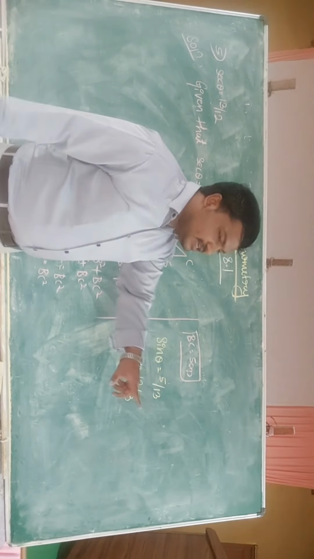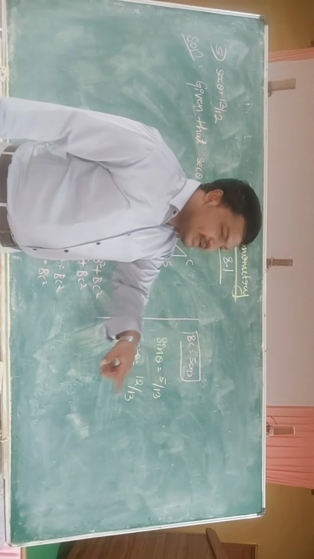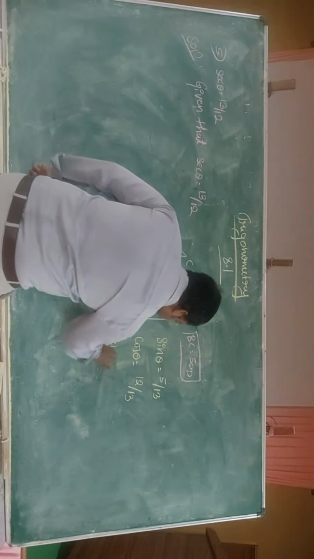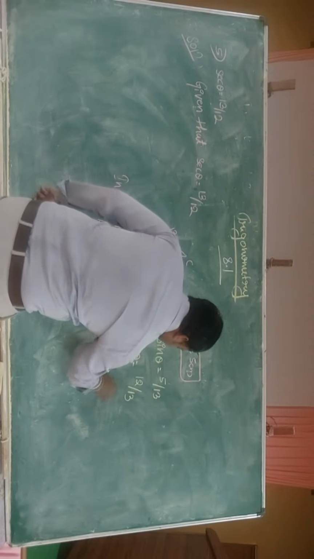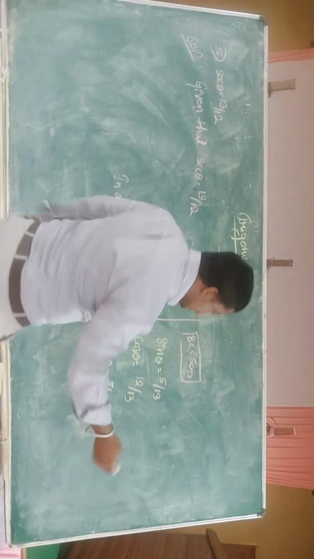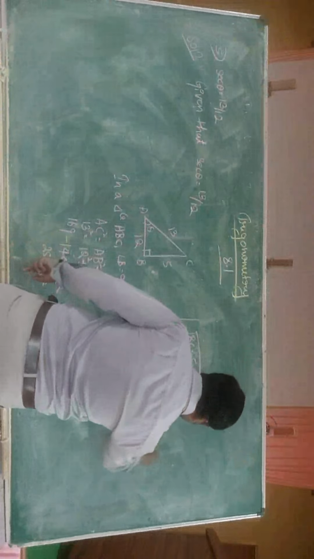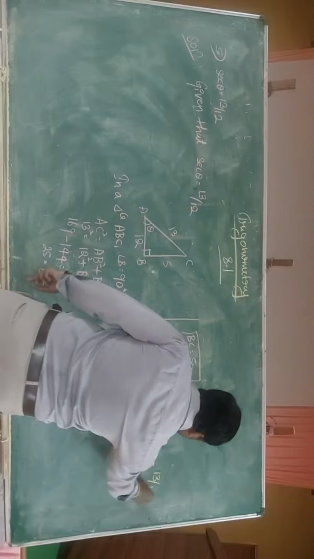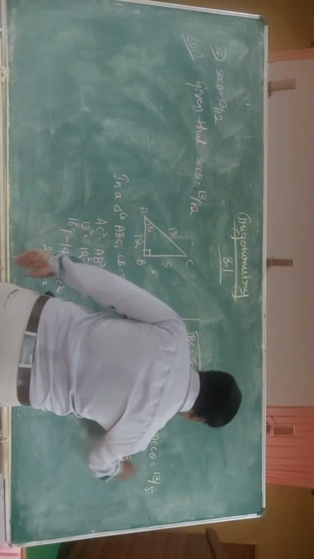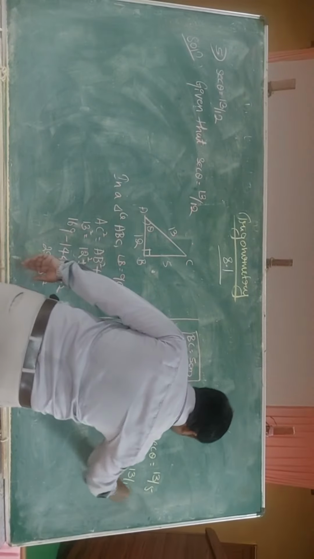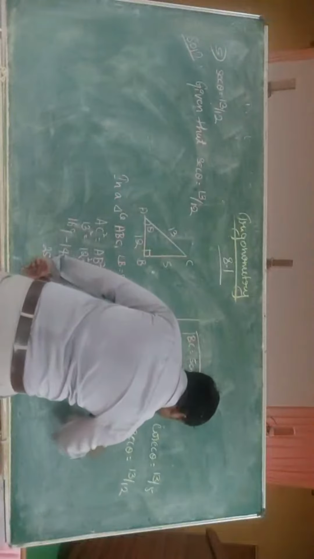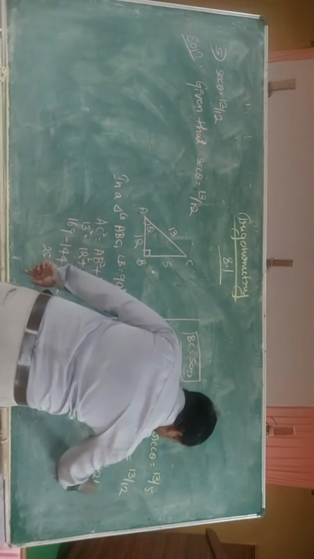Tan theta is equal to sin theta upon cos theta, so tan theta is 5 upon 12. Cosec theta, the reciprocal of sin, is 13 upon 5. Sec theta is given, 13 upon 12. And cot, the reciprocal of tan, is 12 upon 5.